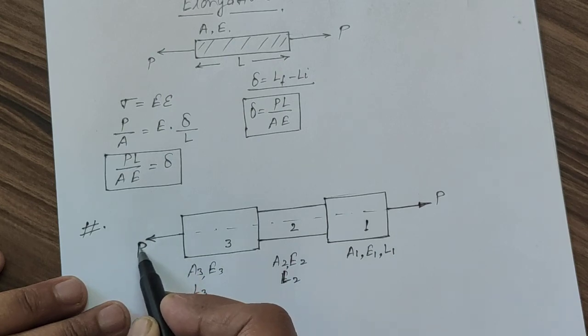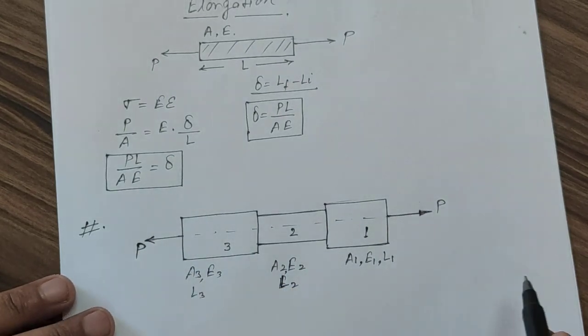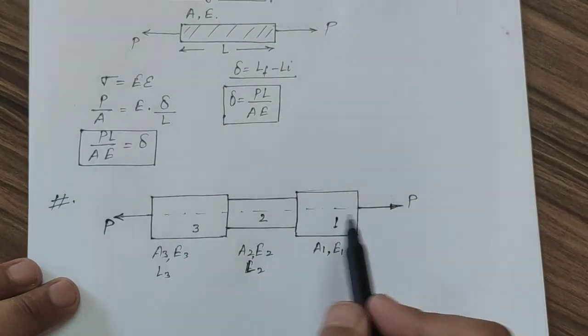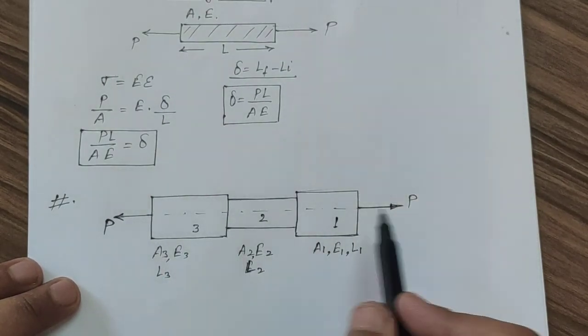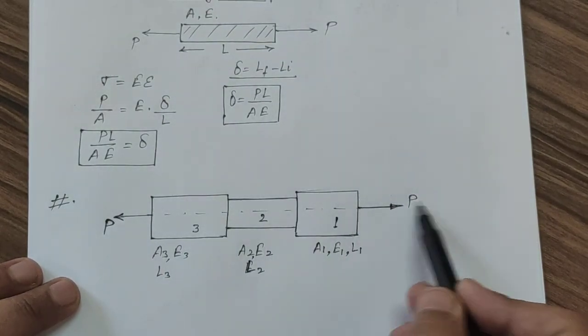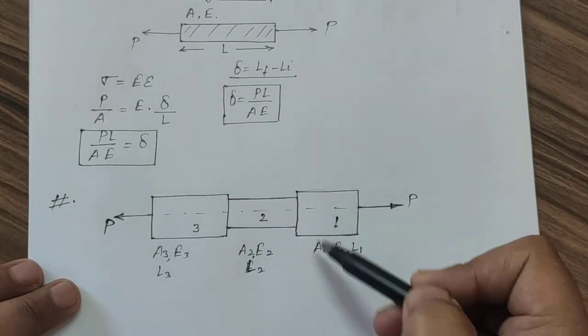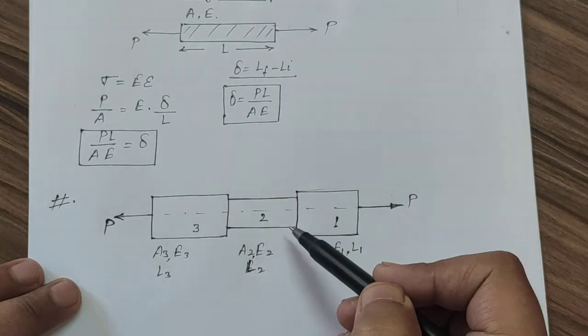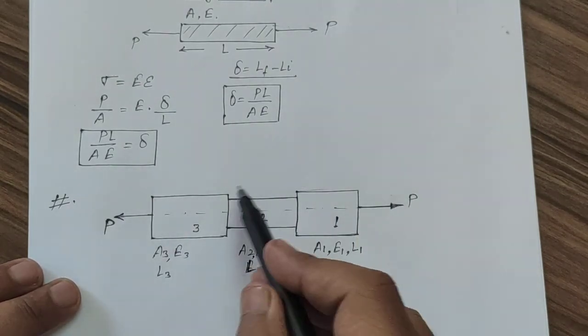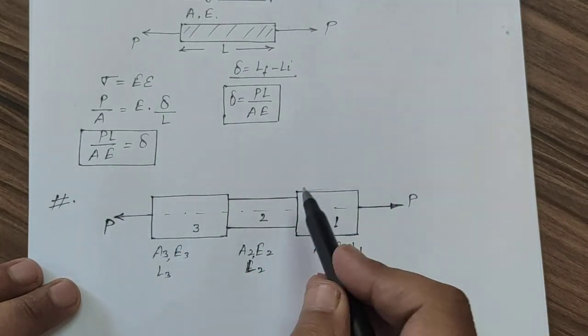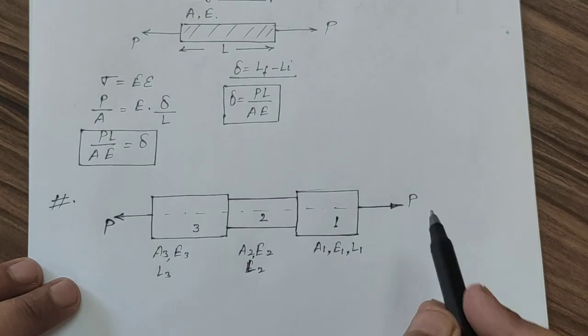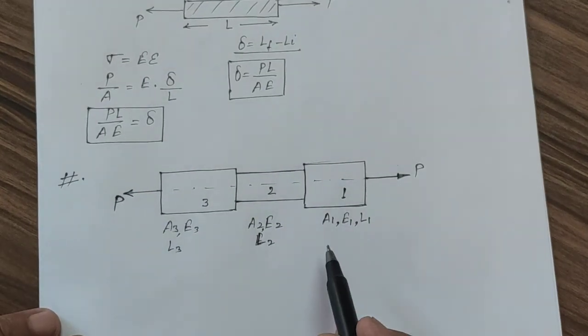The member is in equilibrium because the summation of all the forces acting in the x direction is 0. P is acting here and P is acting here. There is no force in the y direction and there is no movement. So we can say the whole composite bar is in equilibrium.